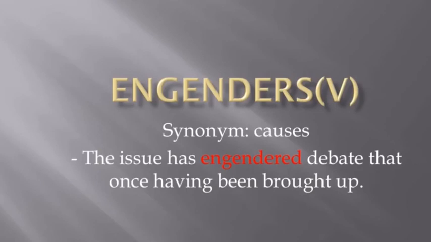Like if the issue has engendered debate, instead of saying this causes that, and that causes this, or something like that. Instead of using such a basic type of sentence, you can use engenders, and it can really affect your score.